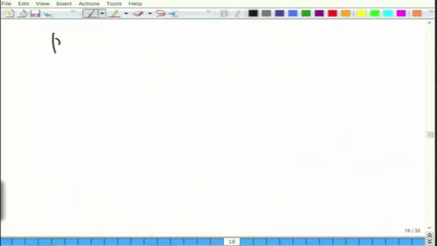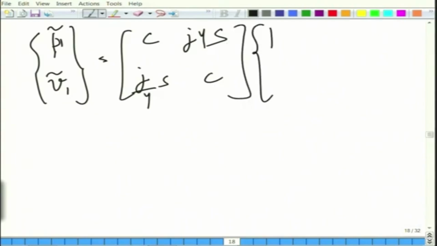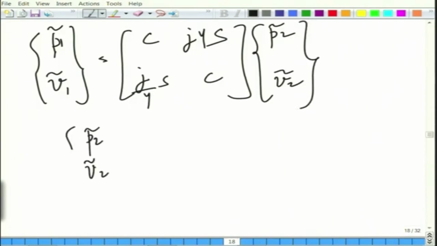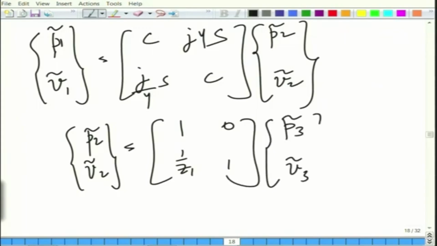It is given by P1 tilde V1 tilde equal to [C, jY sin; j/Y sin, C] times P2 tilde V2 tilde, and P2 and V2 are related to the outlet as [1, 0; 1/Z1, 1] and P3 V3. So, now it is just a matter of multiplying.